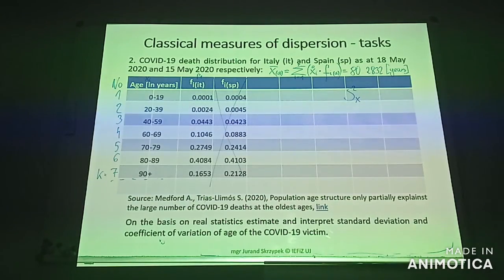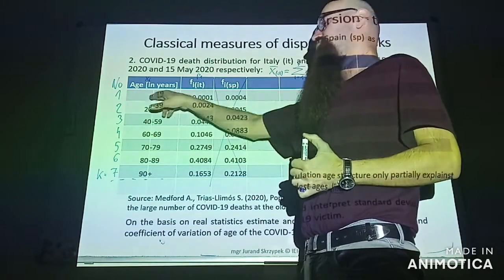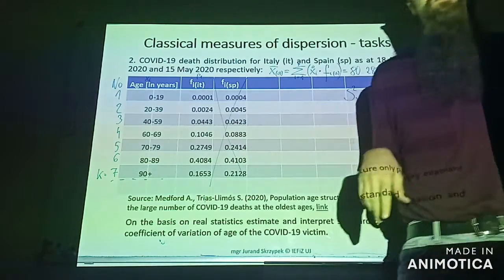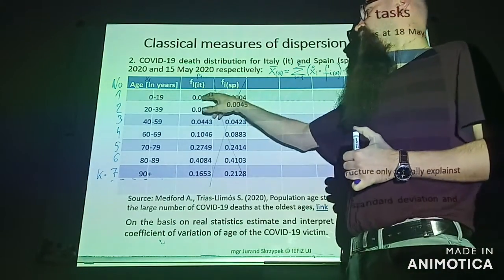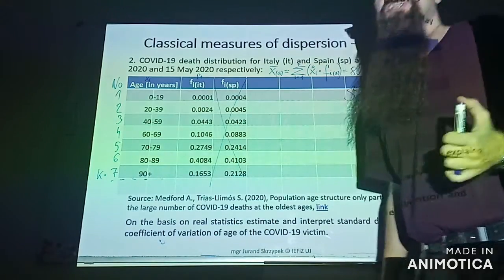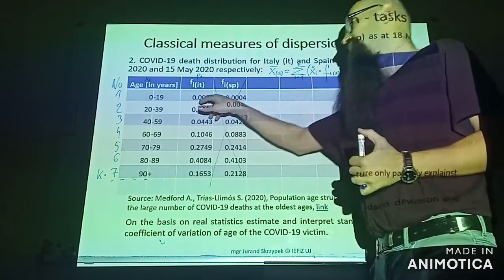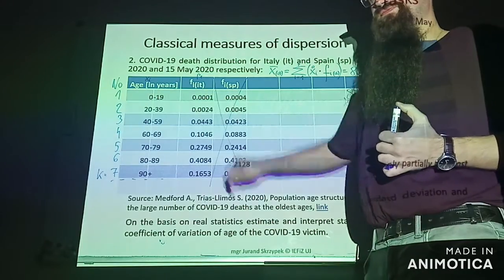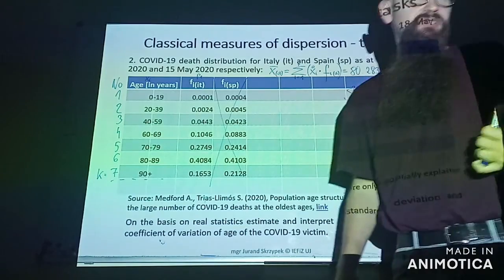This is the consequence of the fact that, as you know, the youngest people, the youths, tend to undergo COVID-19 asymptomatically. Yeah, they are rather carriers of the virus, and they don't die often due to COVID.